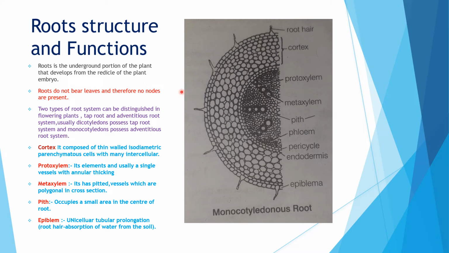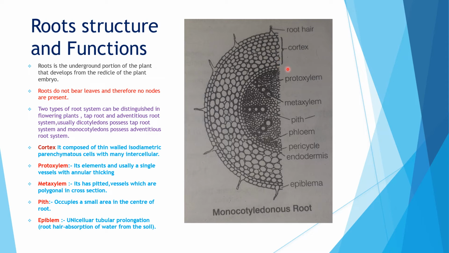In this diagram you can see the monocot root. The root structure includes cortex, protoxylem, metaxylem, pith, phloem, pericycle, endodermis and epiblema. So what is the function of the cortex?